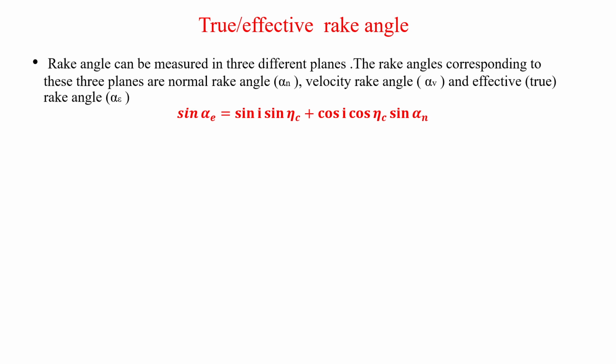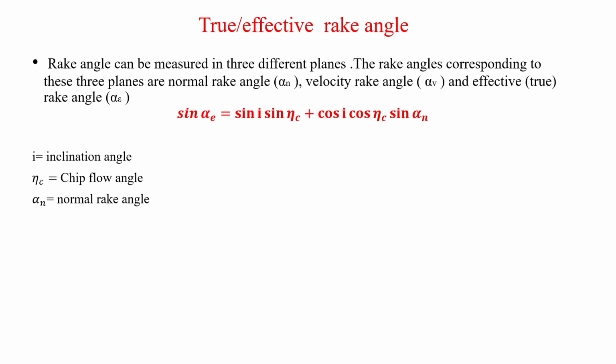It is called the chip flow angle, the angle at which the chip flows from the given plane. So sine alpha E equals sine of inclination angle times sine of chip flow angle, plus cos of inclination angle times cos of chip flow angle times sine of normal rake angle. We have the normal plane also in which the chip flows.